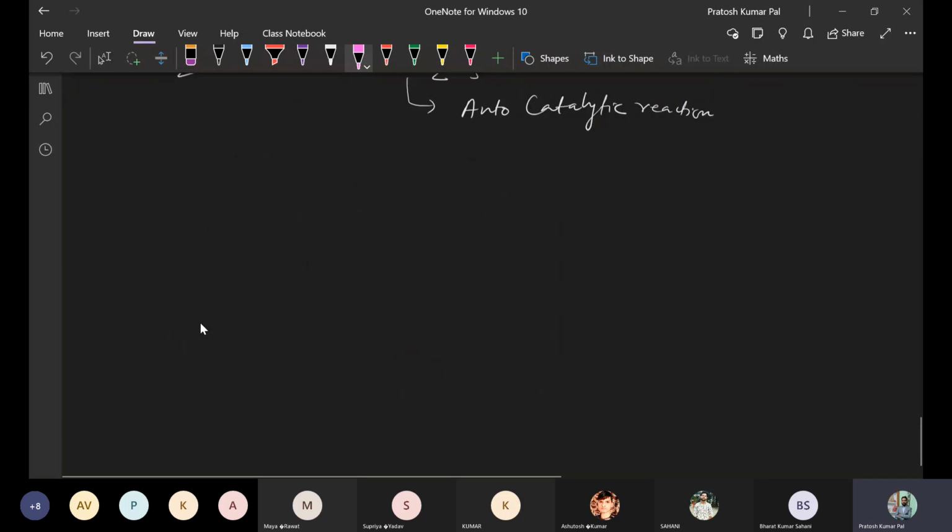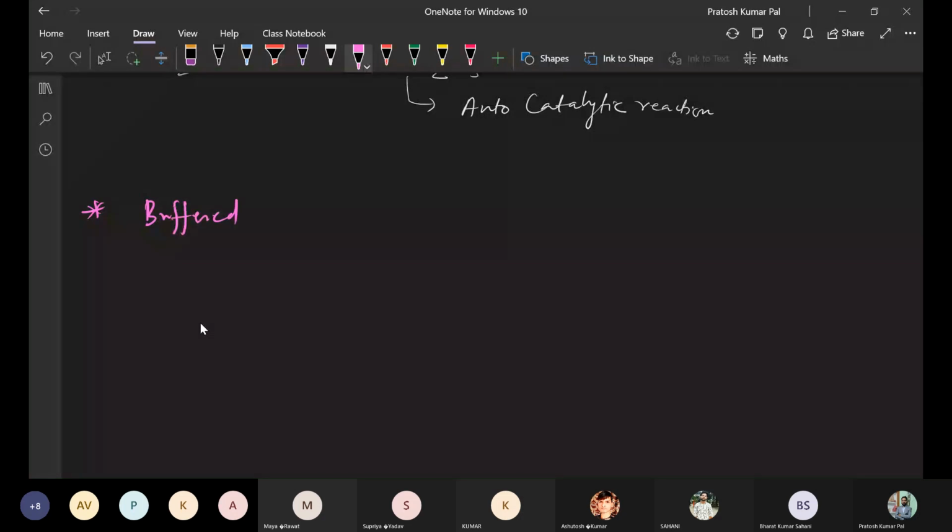One more type of etchant is there, that is called buffered HF with NH4F.